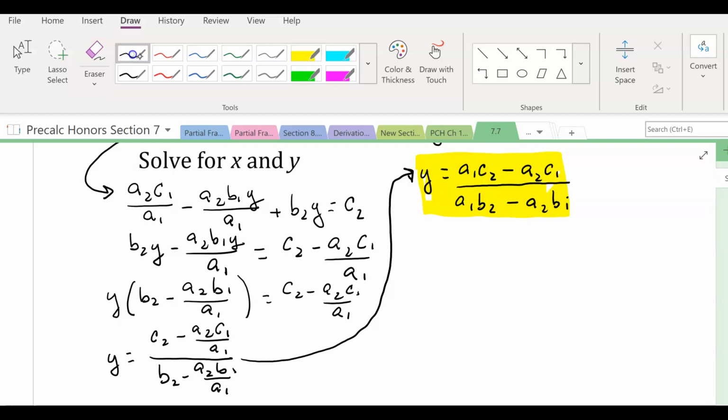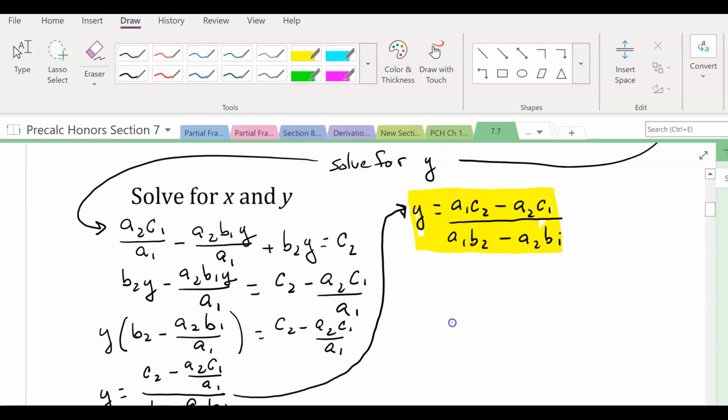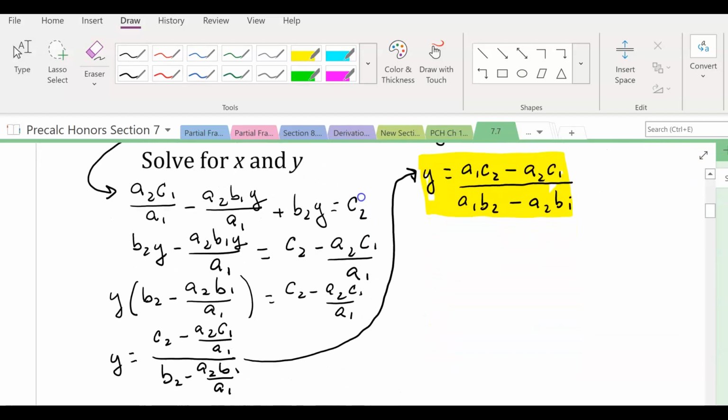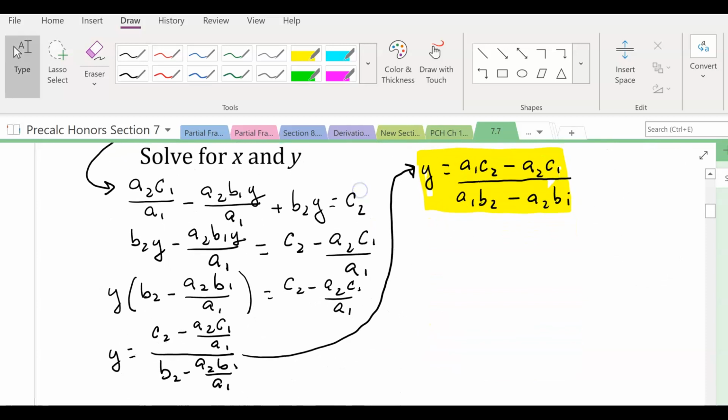Then we're going to go back and substitute this into our equation up here where we had solved for x. We're going to substitute in for y. We're almost there. So I've got x is equal to c1 minus b1 times what we found for y.